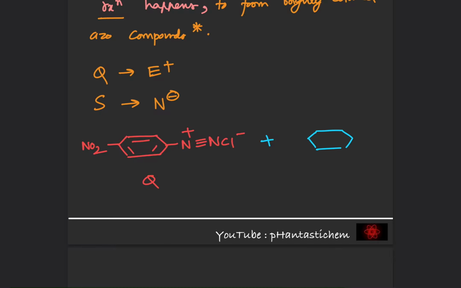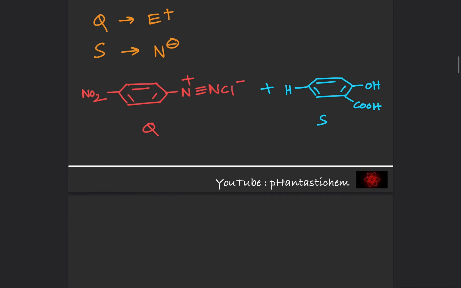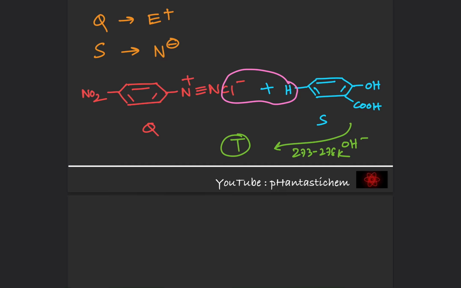So I am writing in this fashion. I'm separating one H from the para position, and I have OH and COOH in the ortho position. So these two will react in the presence of a base OH minus, and the temperature will be around 273 to 278 Kelvin, and these two will be reacting and giving me T. Okay, so in this reaction, this H and this Cl goes out, and there is a new bond between this nitrogen and this benzene ring.